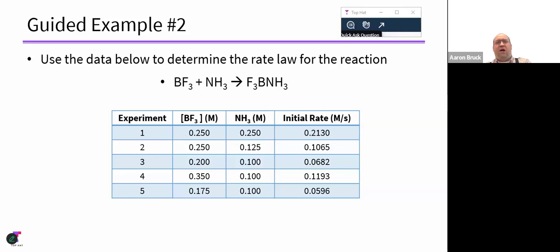All right, let's take a look at some other examples here. And so with this one, we are trying to determine the rate law for this reaction. And we can see that the numbers here are relatively straightforward. So let's try to do this by inspection.